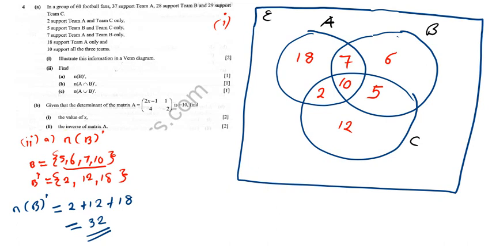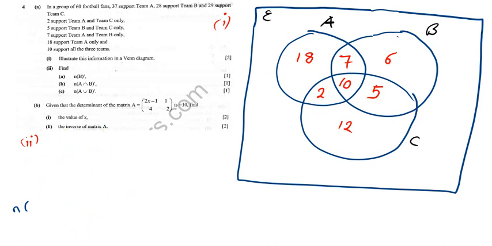We go to part B. So part B says find the number of A intersection B complement. So first thing, let's start with what is in the brackets.